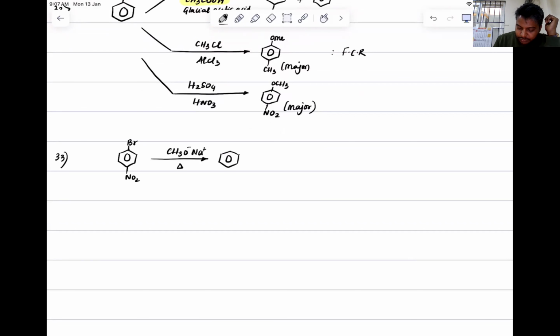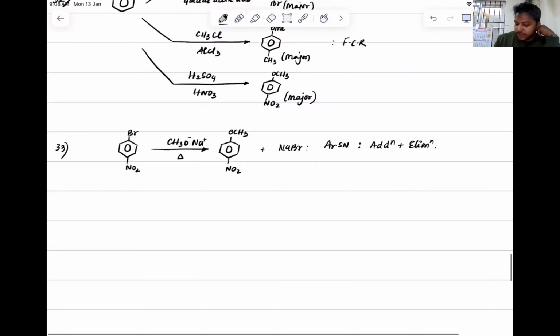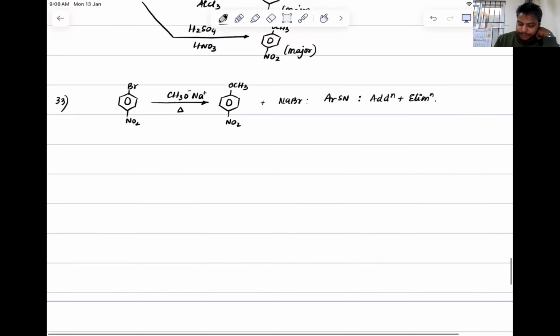So you are expected to do OCH3 here and NO2, with Br coming out. And this is an ArSN reaction. And what type of reaction is it here? Addition plus elimination reaction. First addition will happen, later elimination will take place.